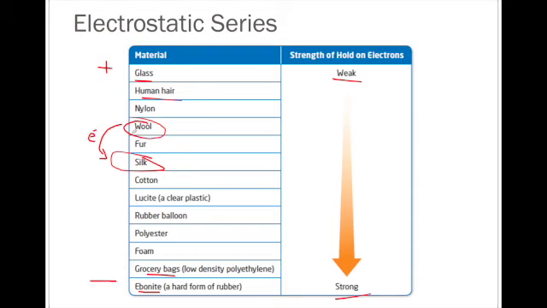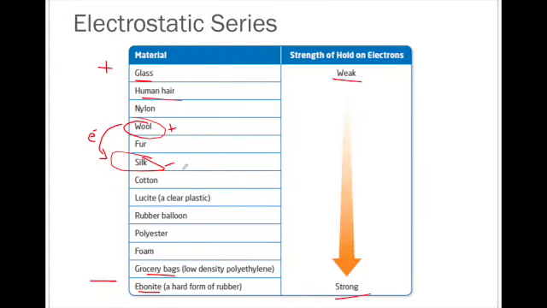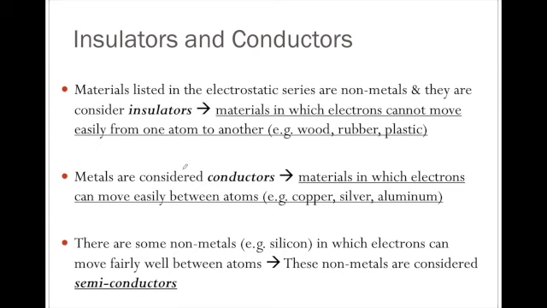So we have to first describe how the electrons get transferred, and then we say, well, what's the resultant charge? And we have to identify what the charge will be on each item after rubbing them together, right? So those are the types of questions that we're going to see dealing with the electrostatic series.